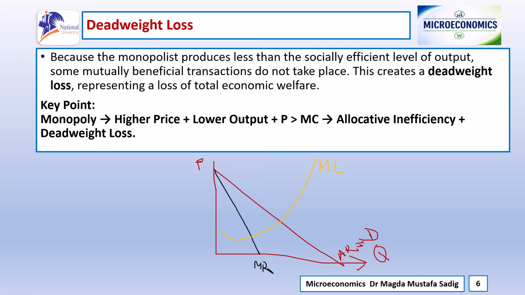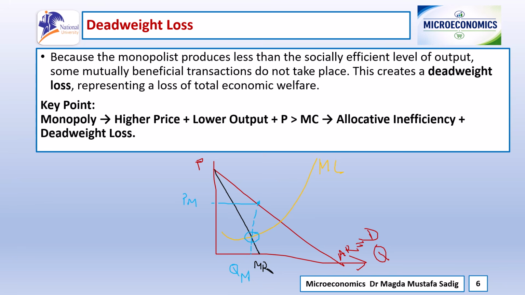Actually, this is the amount produced by the monopolist. So this is QM, up to here. This is price M. But the monopolist should produce here.